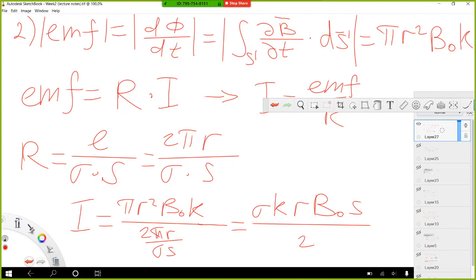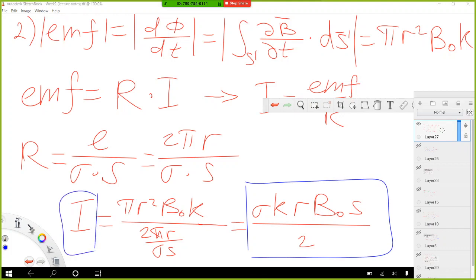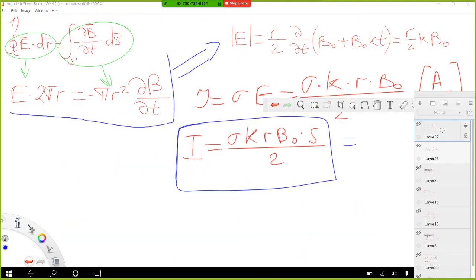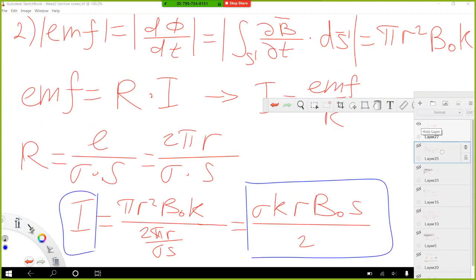Well, this is the same value for I which we found from the previous method. Sigma k r B0 S, the same I.